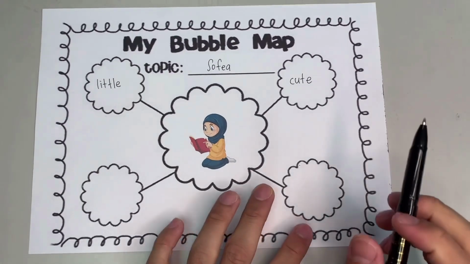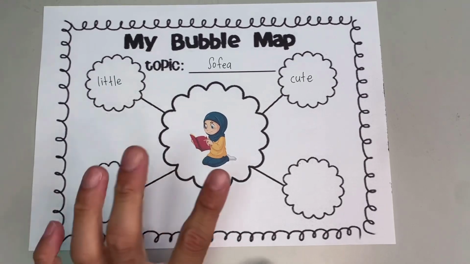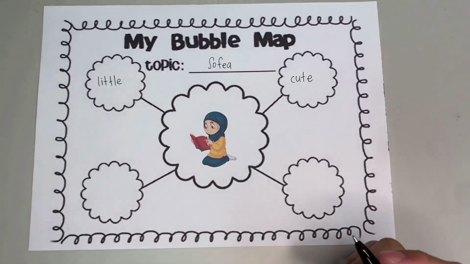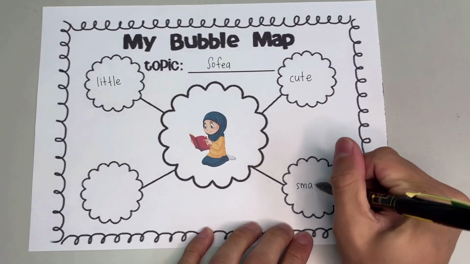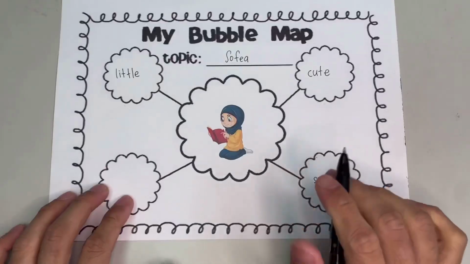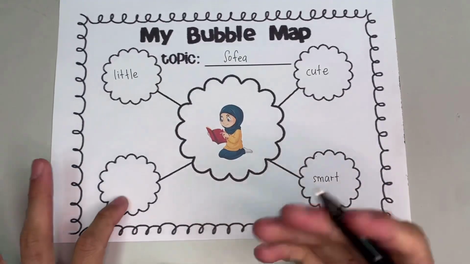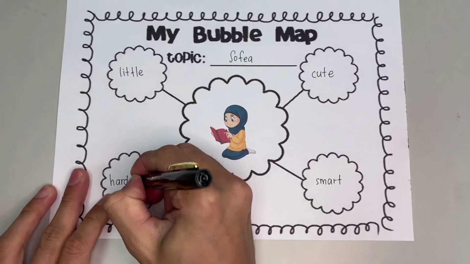Next, we can see that Sophia is reading a book. So I'm guessing she is smart or clever. So let's write smart here. Smart. And maybe she is also a hardworking girl. Rajin. Hardworking.